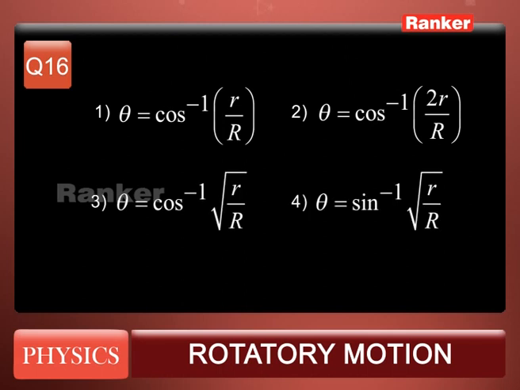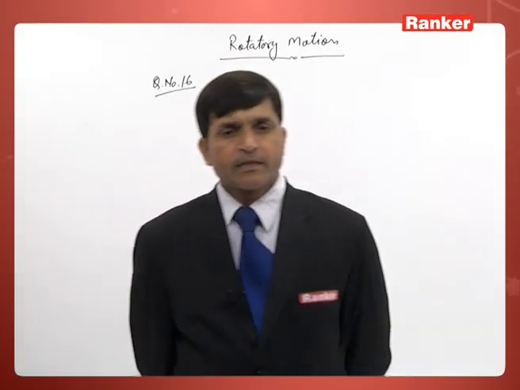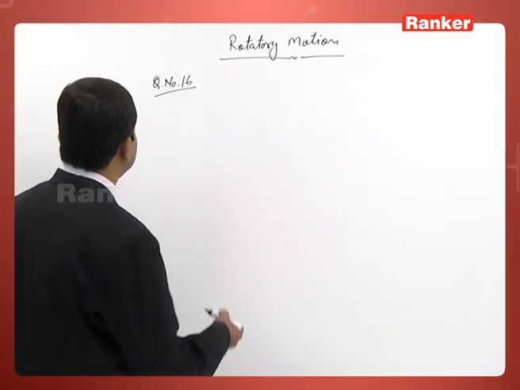The first option theta is equal to cos inverse r by capital R. Second, theta is equal to cos inverse 2r by capital R. Third option theta is cos inverse root r by capital R. And the fourth option theta is equal to sin inverse root over r by capital R. Now see how to do this problem.